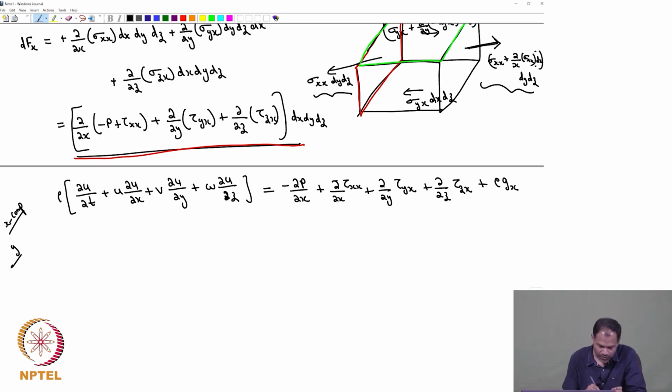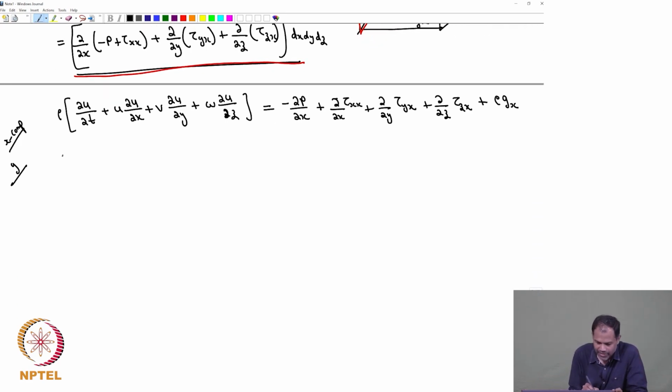Similarly, we can write down the y part. I will just write down rho times, now we are talking about the y component of velocity.